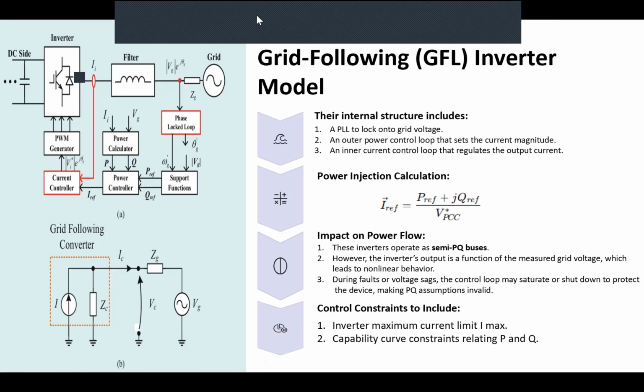Now, let's go a little bit deeper into that discussion. In grid following, we said the internal structure is, first of all, we have a PLL that tries to synchronize the system. Then we have an outer power control loop that decides the active power and reactive power injection, and we have an inner current control loop that regulates the output current because we don't want it to exceed the amount of power that the switches would tolerate.